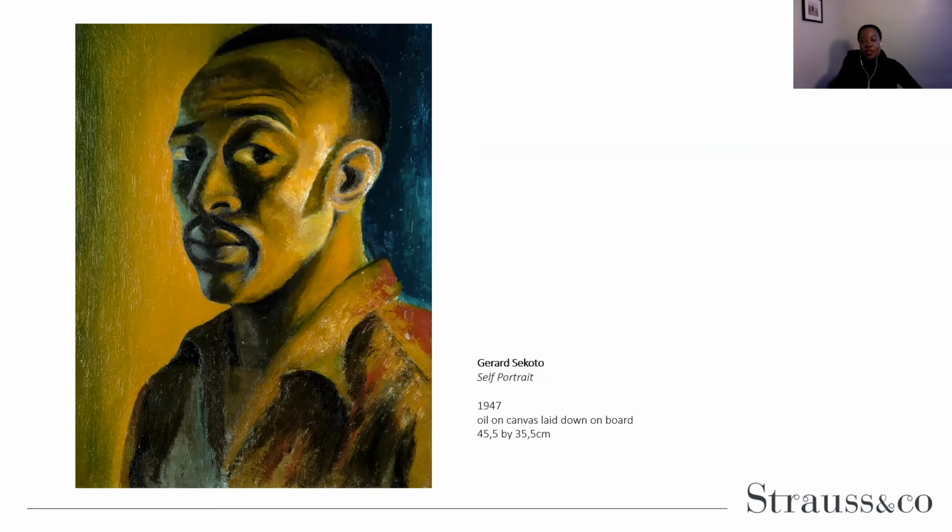And this is why also the idea of the self-portrait, it's an African telling himself and telling his own version of who he is. And I think that's very powerful and something that is still explored by young artists today. So for this reason, it's one of my favorite works in the selection.